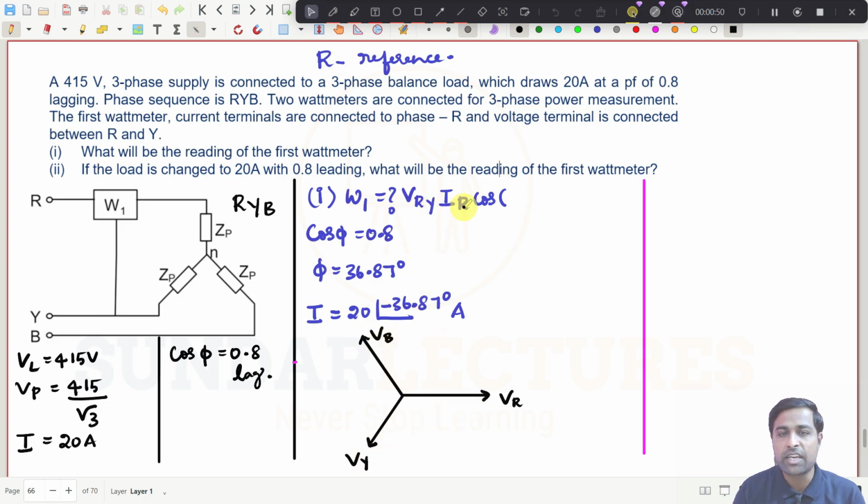I need to find I_R. This is lagging from VR.